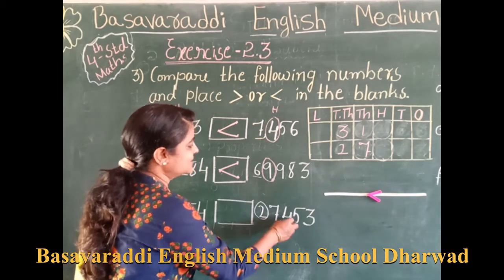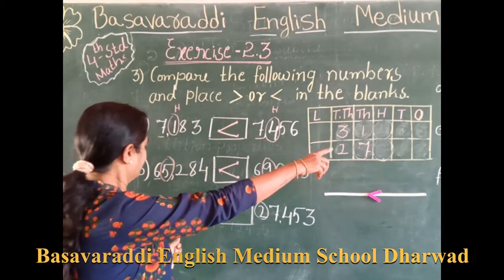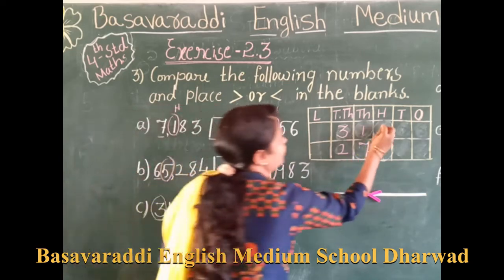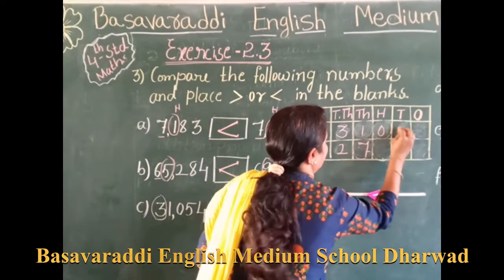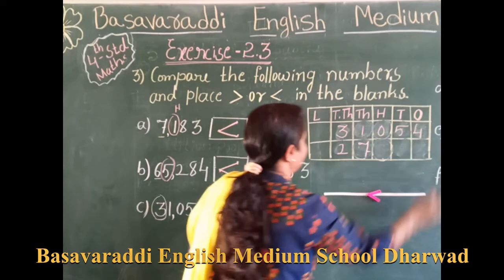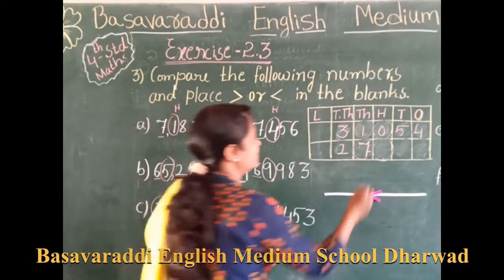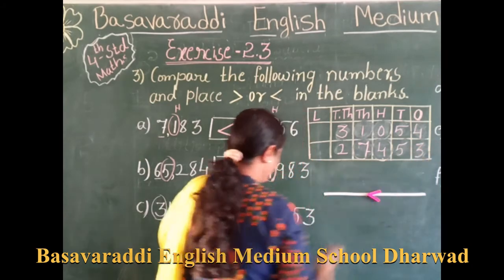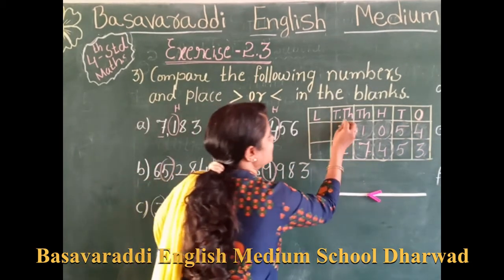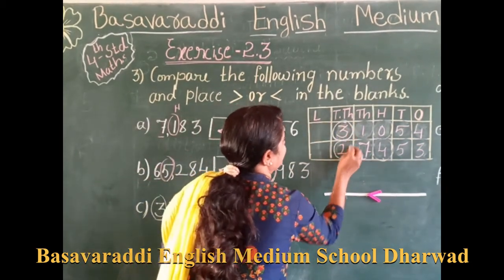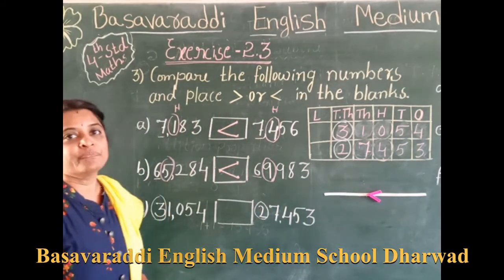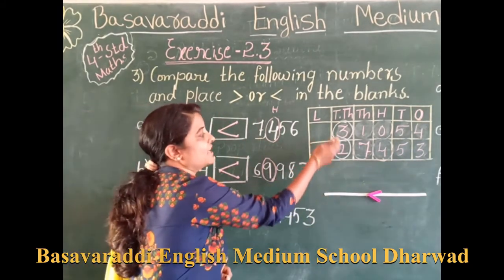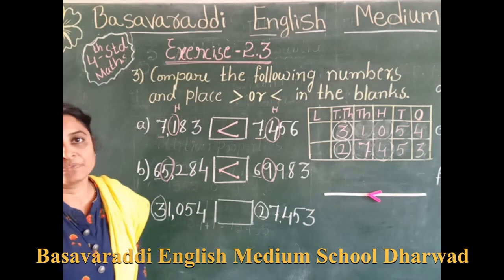Then after that, see here they have 31,054 and here 27,453. Then we are comparing only the first one, because first only the 10,000 place has the different values there.